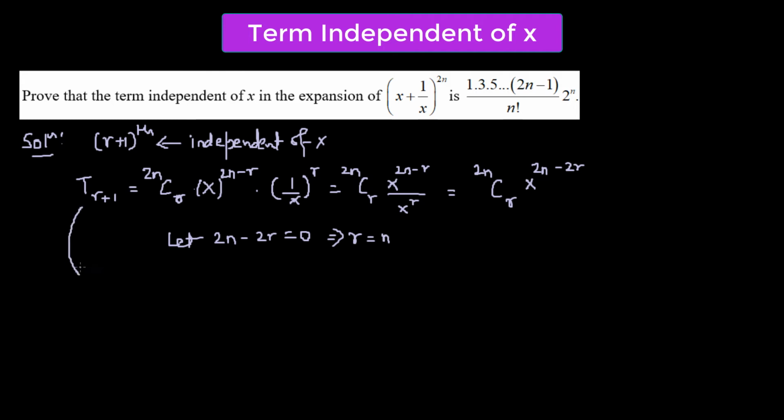So therefore the term becomes T n plus 1 is equal to 2nCn, and we have x raised to the power of 0, so 2nCn.